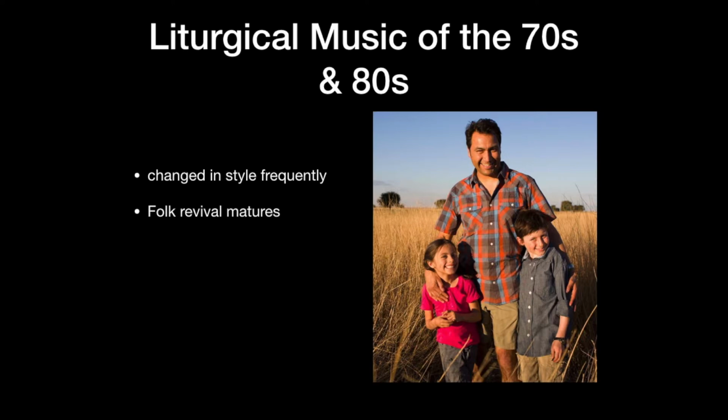So it's not as simplistic, maybe, three chords and the truth that people might have talked about country music or folk music that Catholic music seemed to be like. But now it matures with different harmonies, and it also matures textually as well. So we get more complicated and biblical texts.